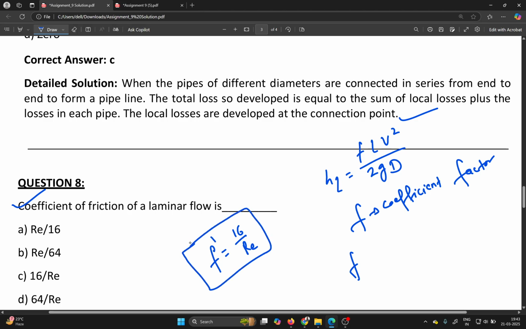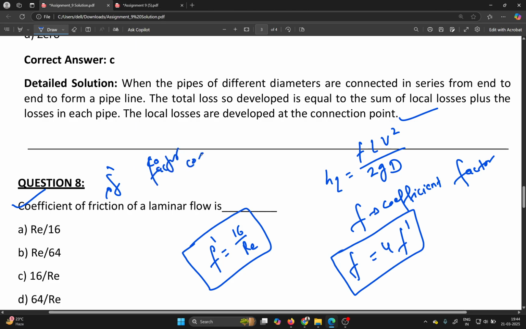If I represent the coefficient of friction with f dash, then the friction factor is related as 4 f dash. So sometimes in a question, in place of coefficient of friction, the question will ask you to calculate the friction factor.